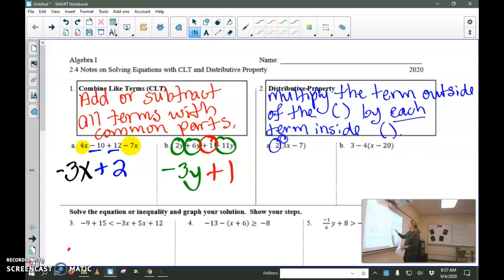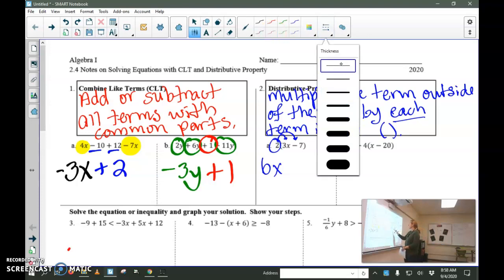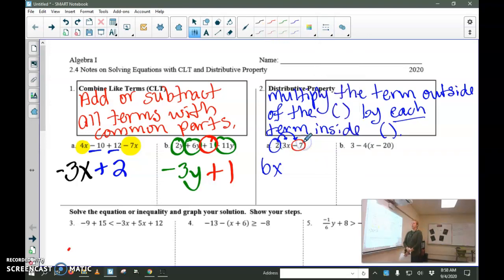I have to multiply 2 times the 3x. Well, 2 times 3 is 6, and I'm going to keep that x variable with my term. I then have to go back and multiply 2 times the second term. And that second term is going to be negative 7.